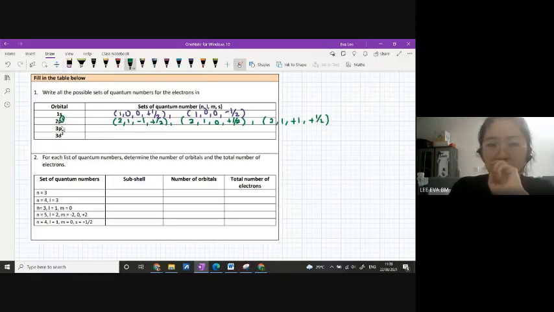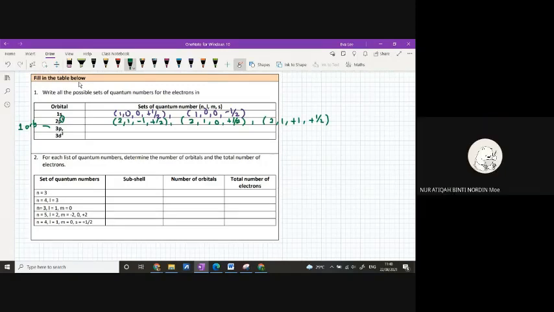So for the number 3, 3pz. Okay, 3pz represents 1 orbital. You can write it over here, it represents 1 orbital only. So how many sets do I have in each orbital? 2.